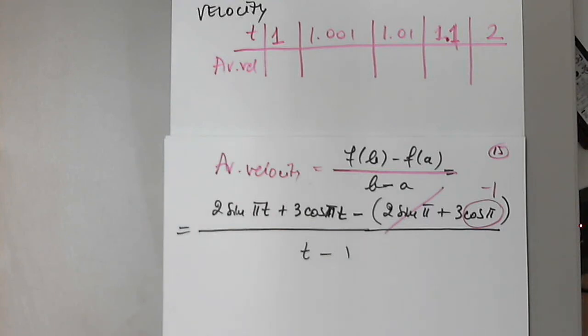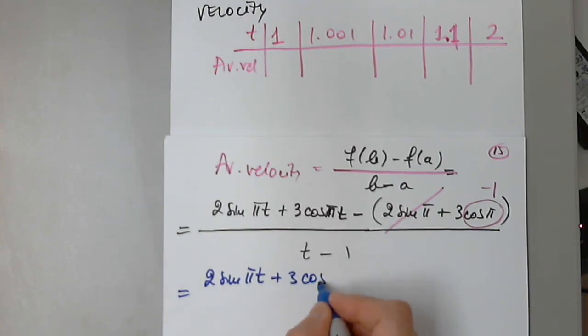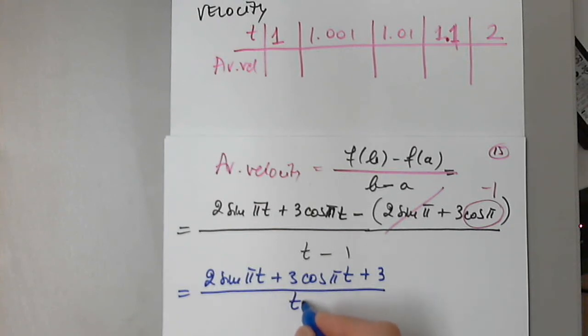So what we are going to plug in the graphing calculator will be 2 sine pi t plus 3 cosine pi t plus 3 divided by t minus 1. You can say, I don't want to create this function that you just created.